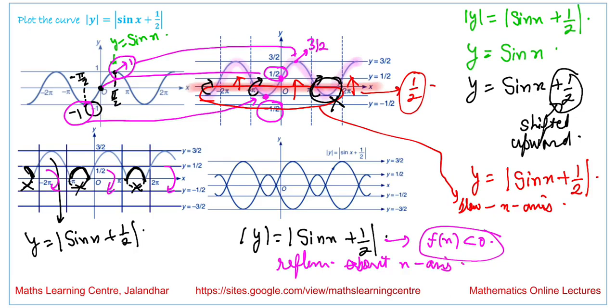When we reflect all these points about the x-axis, we obtain the graph in this form. This is the reflection of the original graph about the x-axis. So this is the graph for mod of y is equal to mod of sin x plus 1 by 2.